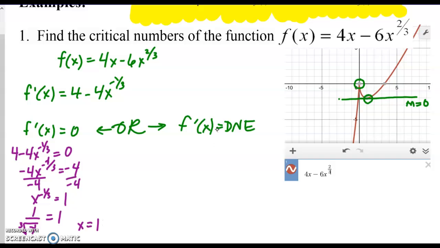Okay, let's look here where the derivative does not exist. So we've got the derivative, f of x is equal to 4 minus 4. Again, I'm going to write that as the cube root of x, taking away the negative in the exponent. And now, where does this not exist? Well, we know we can't have a 0 in the denominator.